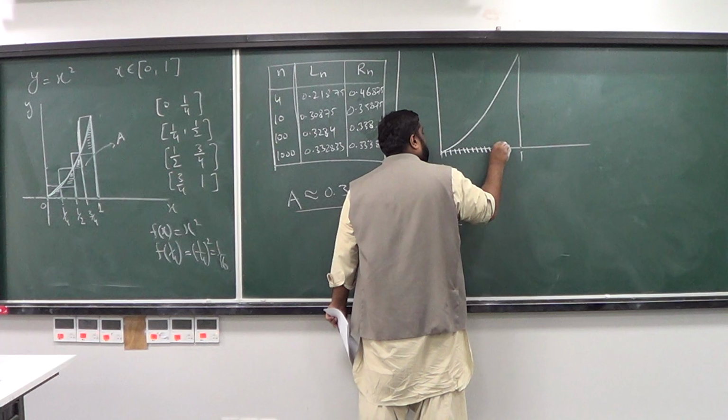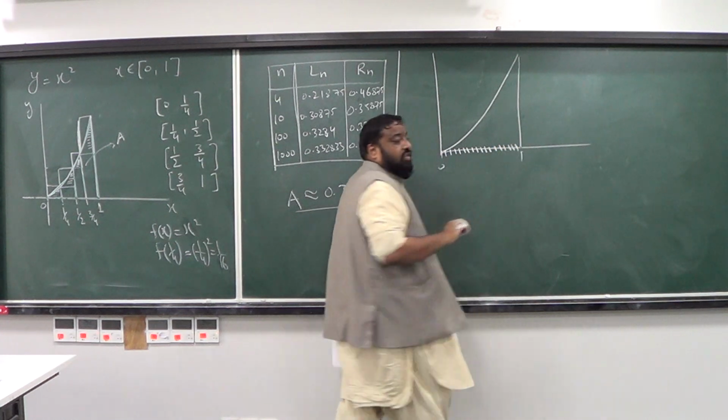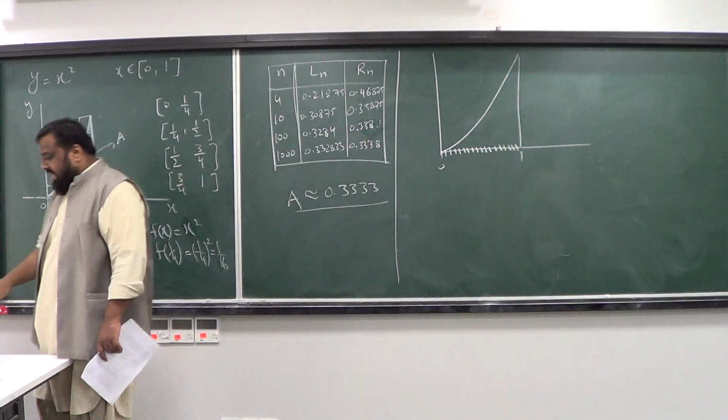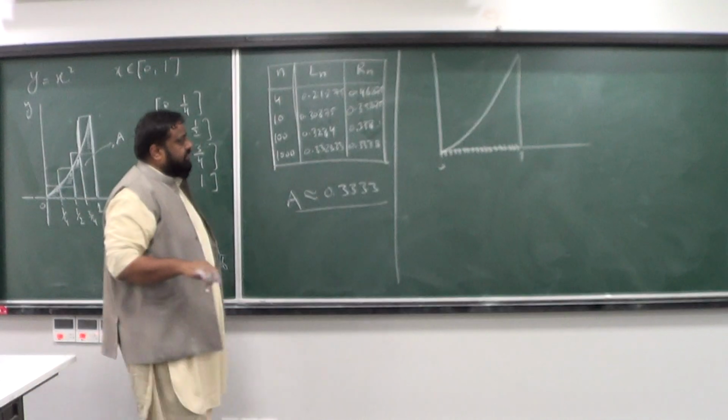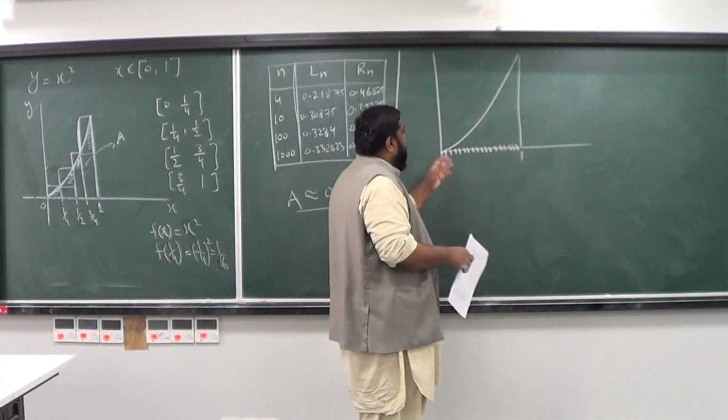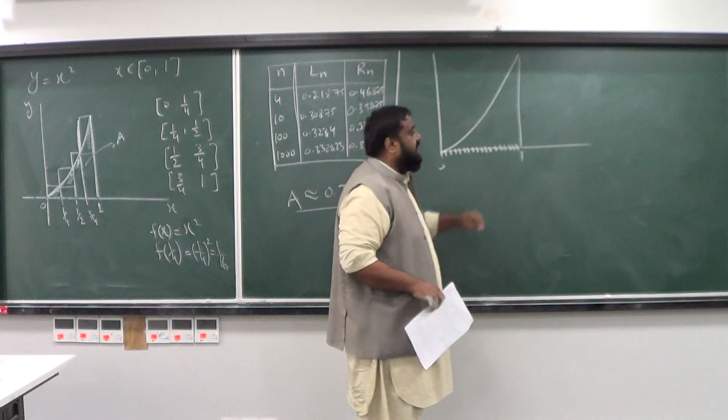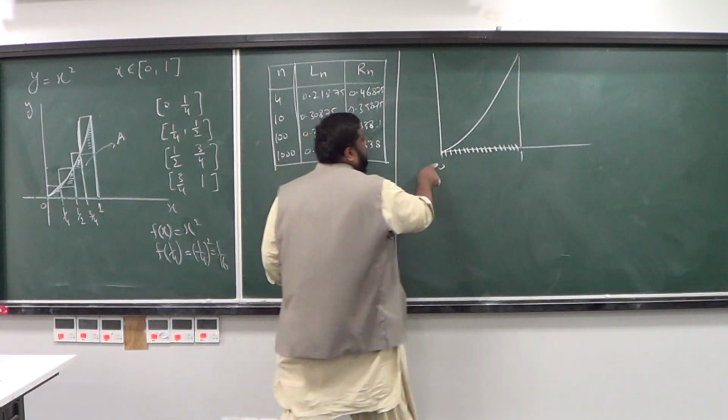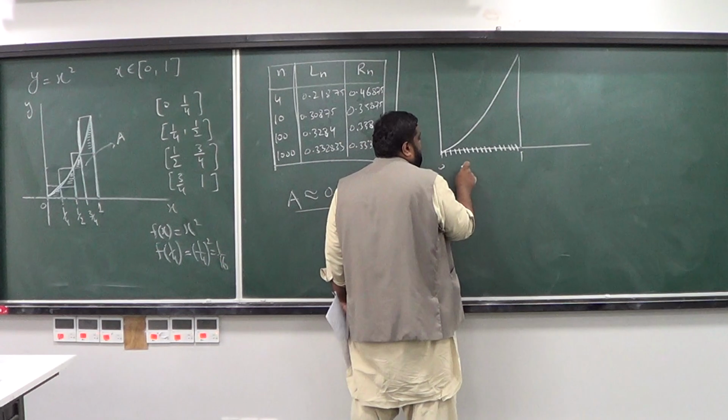Okay, tiny parts of equal length. And first I'm going to take the left hand points, and then I'm going to take the right hand points. How many are these numbers? I don't know.